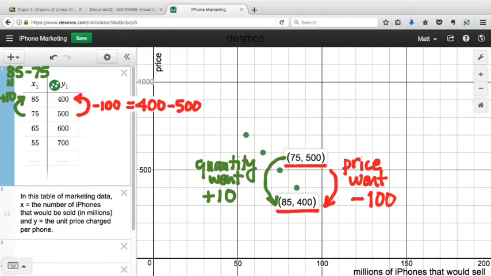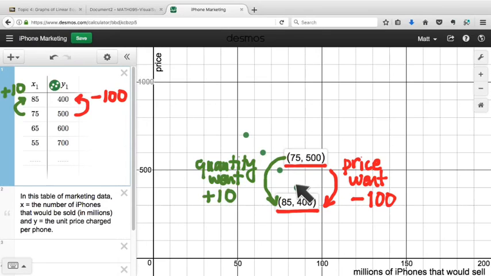So let's investigate that for a second. Let me clear out what we have here and just put back in that the difference is 10 additional millions of units of iPhones combined with a $100 drop in the price. And that relates these two data points together.